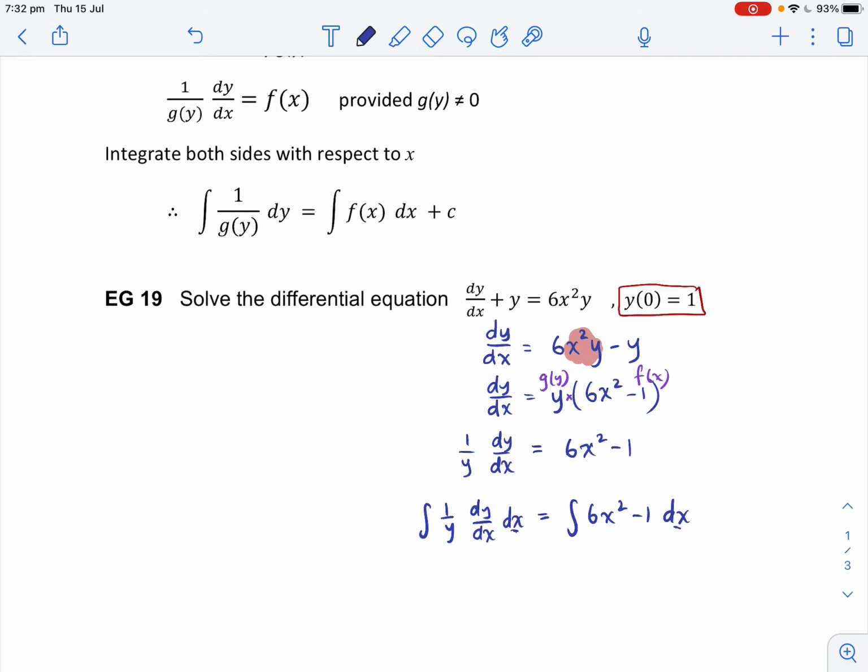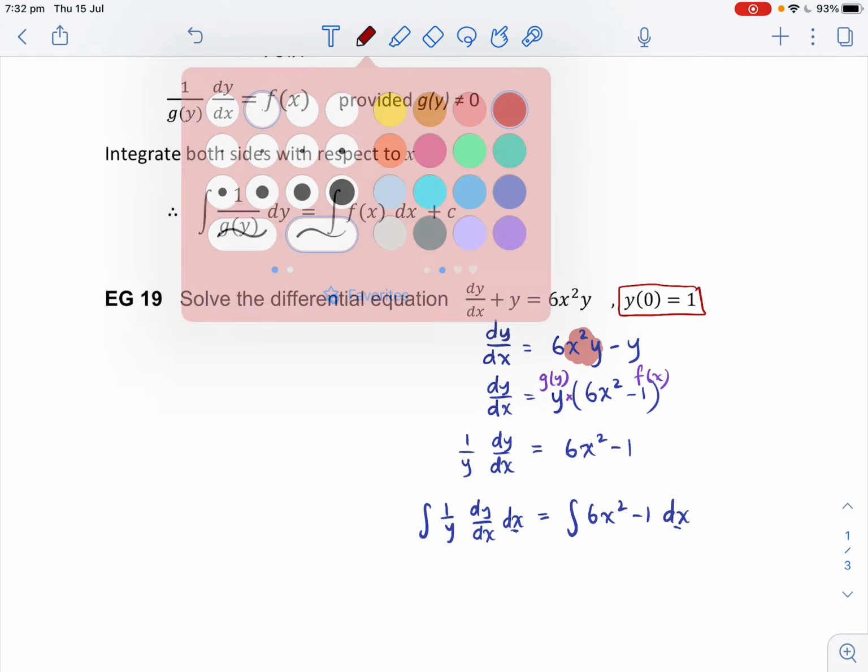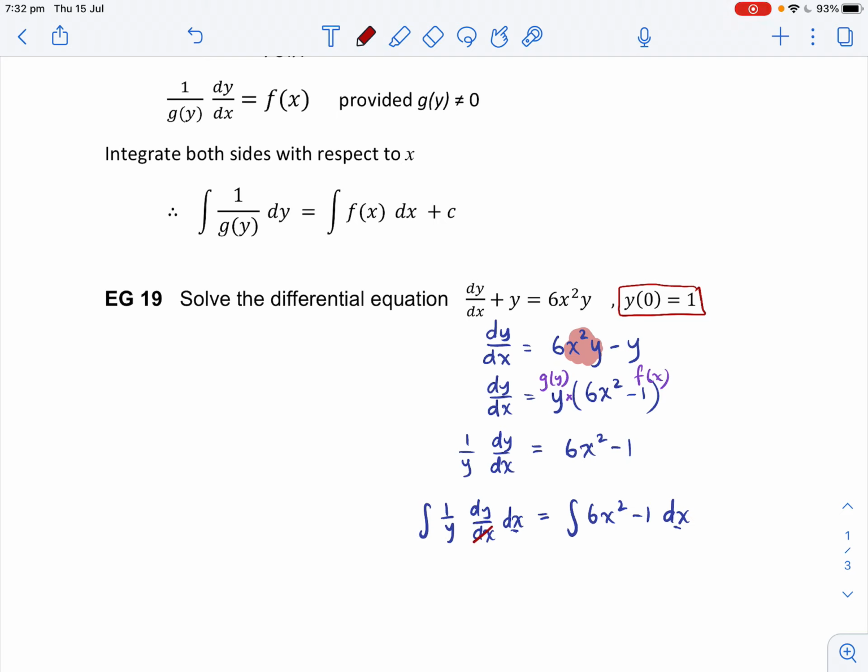What's really handy in this case is that my divide by dx and times by dx, now remember technically they're not divide and times, but for the sake of specialist maths we can always treat them that way, are going to cancel out.